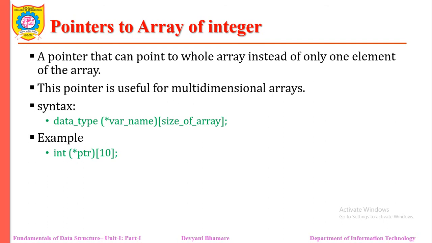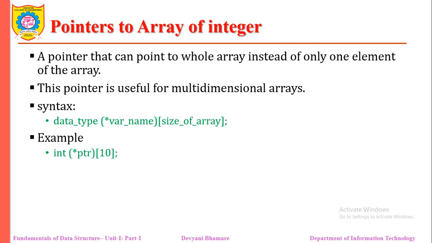So it is necessary to enclose this indirection operator, and we give the name of that pointer inside the parentheses. This indicates that PTR is a pointer that can point to the whole array instead of one element of that array. Such pointers are useful for multi-dimensional arrays.